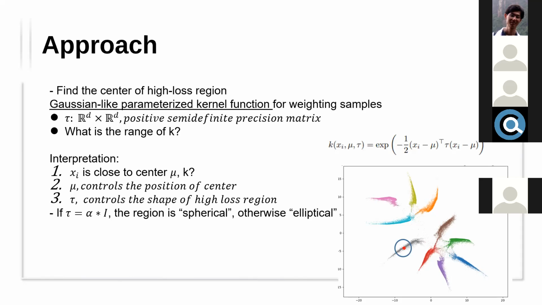So if tau is any identity matrix times alpha, then it's spherical. Otherwise, if it's not an identity matrix, then it would be elliptical.